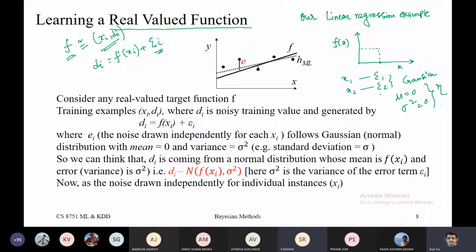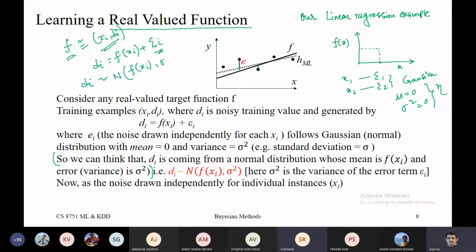So we think that di is coming from a normal distribution whose mean is f of xi and error variance is sigma squared. This sentence is very important. This di is a normal distribution where f of xi is the mean, and there is some variance because of noise.